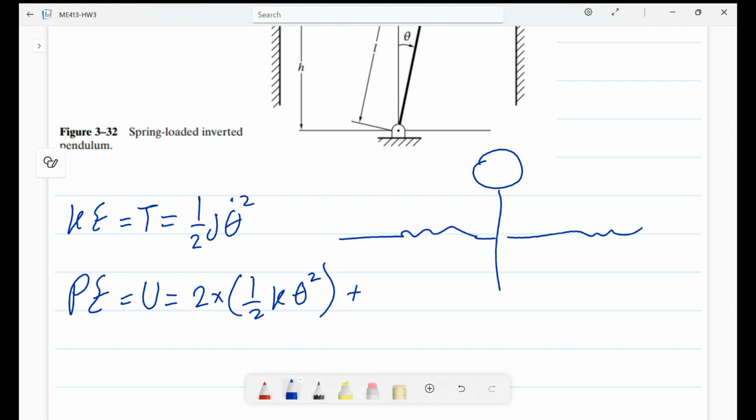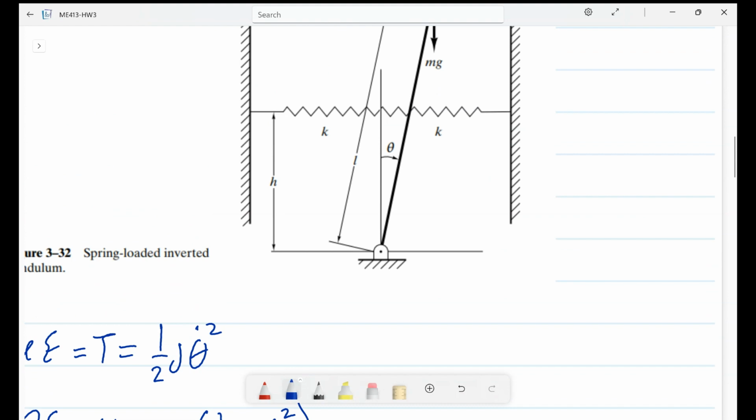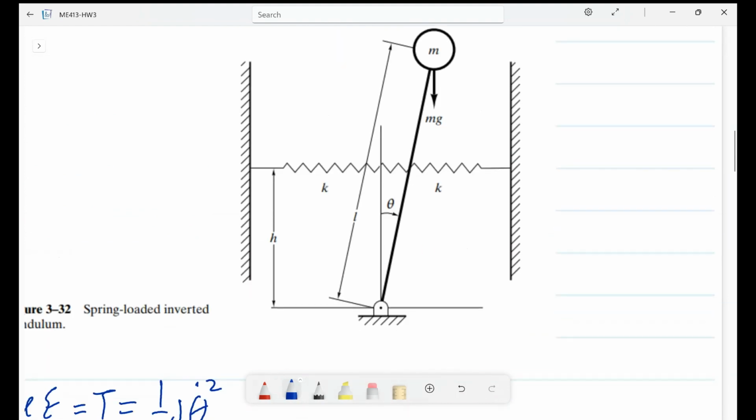If, for example, I remove the mass, is anything going to happen to the springs? Are they going to stretch or unstretch? In this example, they will not, because at the equilibrium position, if I remove the mass, nothing will happen to the two springs. So in that scenario, I will include the mass in my energy equation.